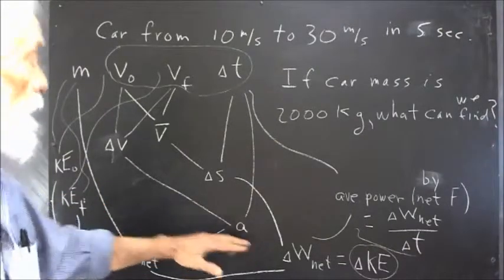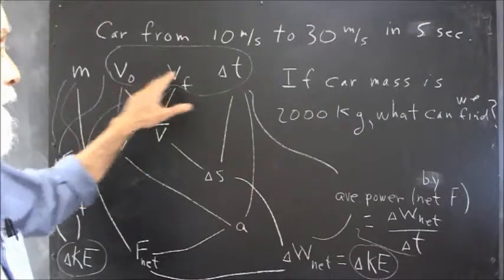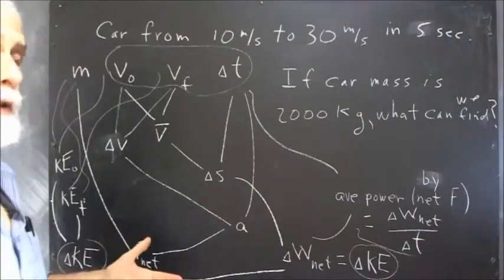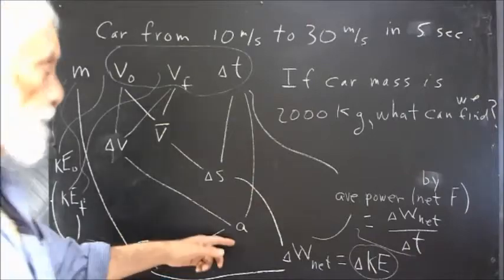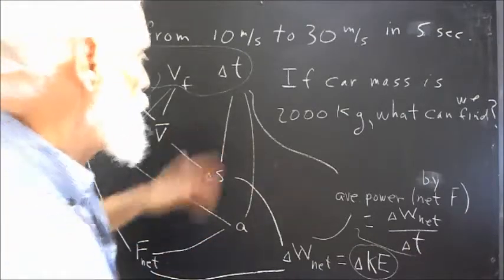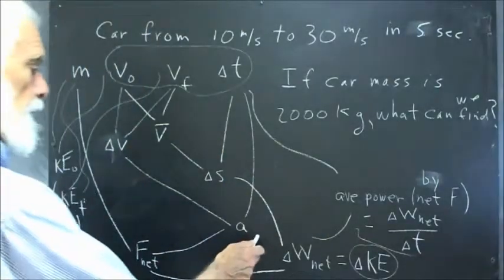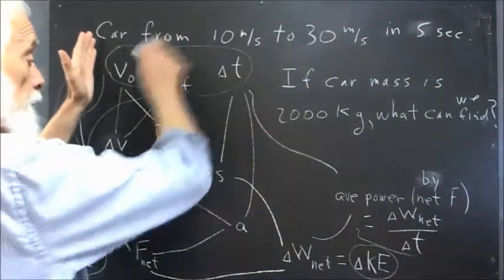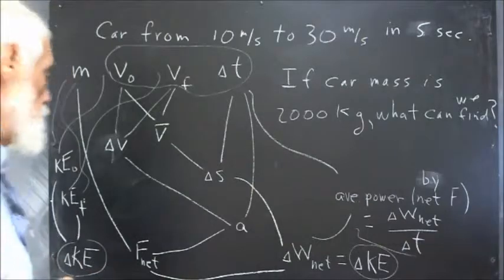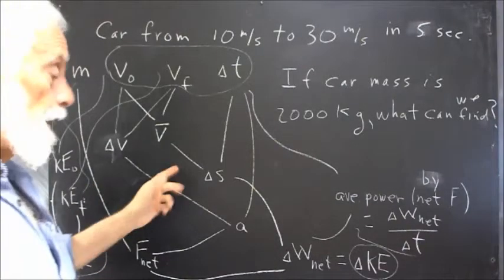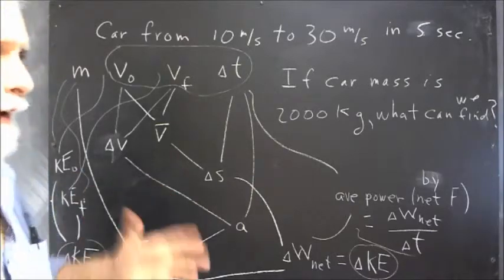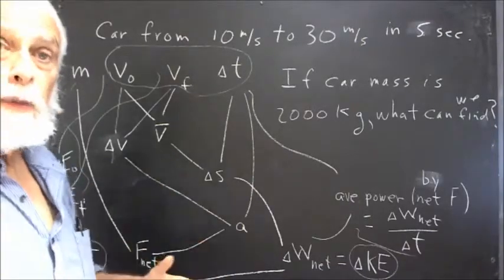So now we have 1, 2, 3, 4, 5, 6, 7, all 7 of the quantities in terms of which we can think about uniformly accelerated motion. I could circle just this much, and I'd have a complete analysis of the uniformly accelerated motion, again without ever having had to resort to the equations.